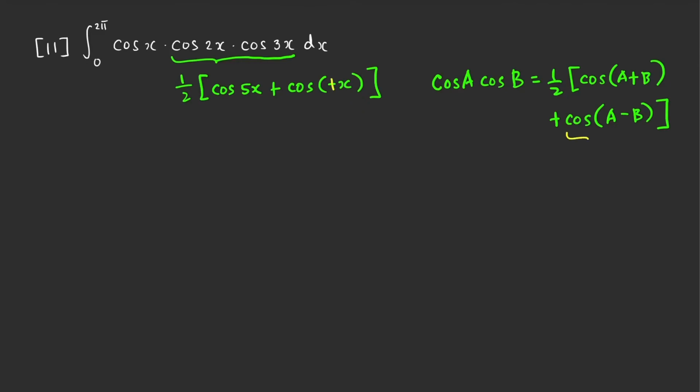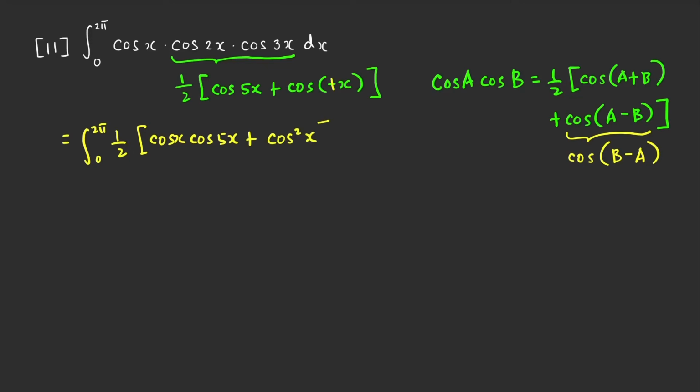So this expression here, cosine of A minus B, is the same thing as cosine of B minus A, because cosine is an even function. So therefore, we can now write our integral as integral from 0 to 2 pi of 1/2 of cosine x cosine 5x, and then plus cosine x times cosine x, so that is cosine squared x, and then dx.